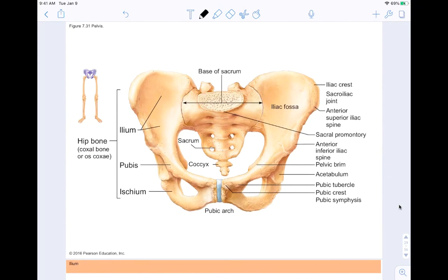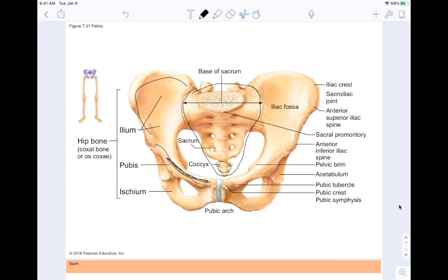Okay, so here's the overall structure. You can see that this is actually not part of your pelvic bone or your pelvis. Remember, the sacrum is just a continuation of your vertebrae, and then your coccyx is your tailbone down at the bottom. But here we have the ilium, which turns into the pubis as it enters the front area.